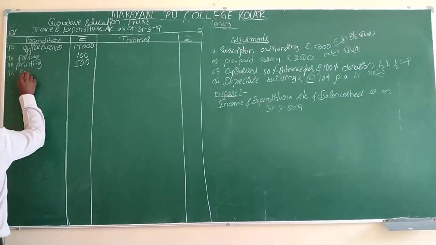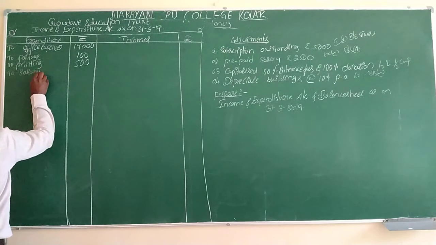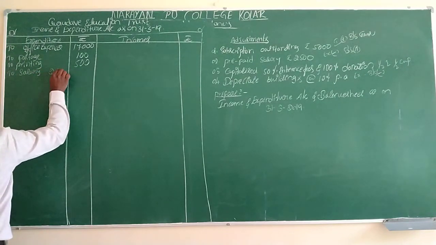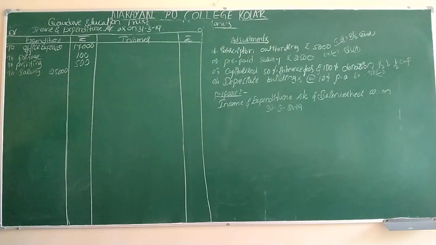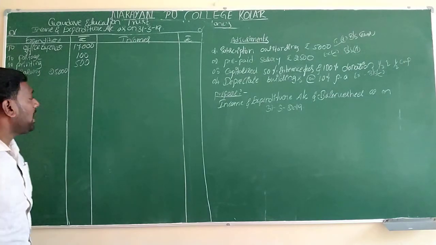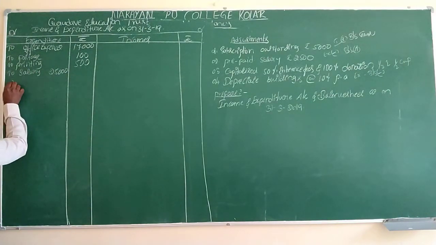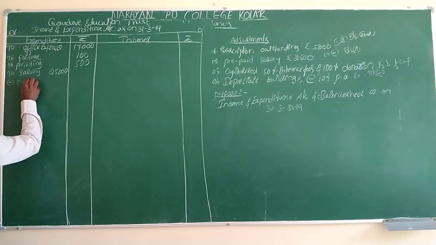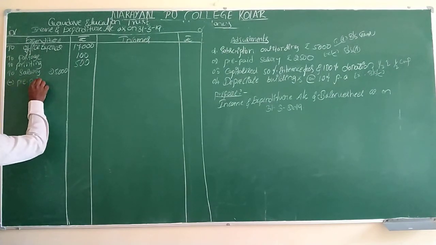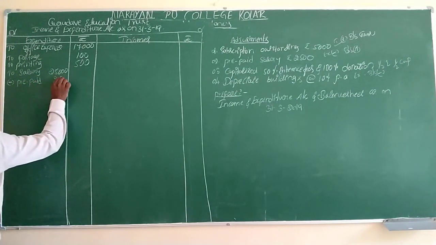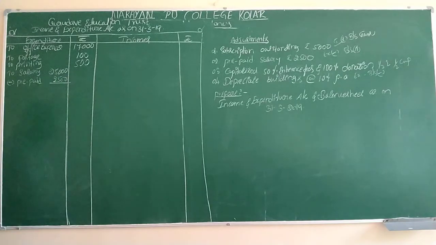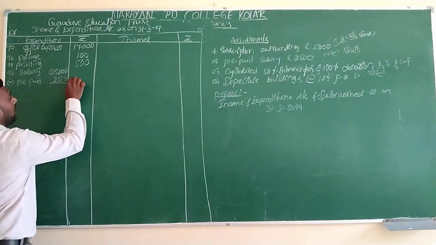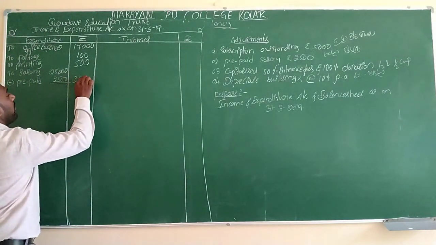To salary, we should write in the inner column 25,000. For this there is an adjustment. Adjustment number 2 says prepaid salary minus, prepaid salary 2,500. Therefore, the actual salary is 22,500.